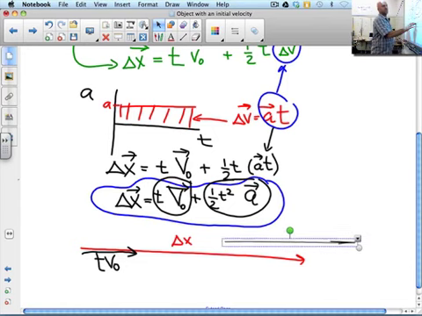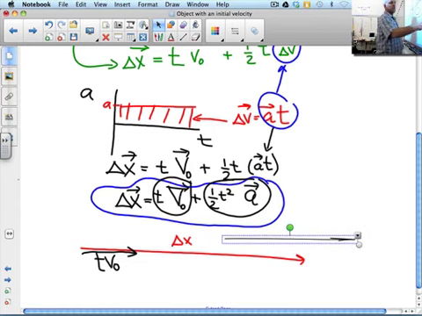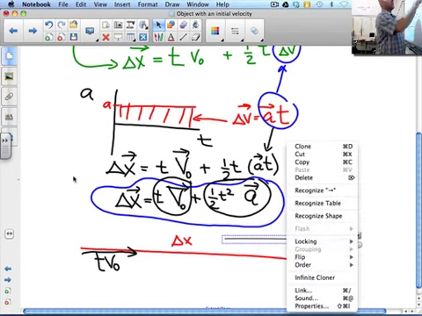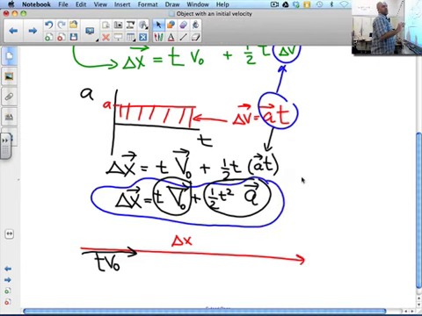If 1/2 t squared is a small number, less than 1, this vector gets tiny. If 1/2 t squared ends up being a number bigger than 1, my acceleration vector gets longer. But the direction does not change. The direction of this vector, 1/2 t squared a, is still in the direction of my acceleration.